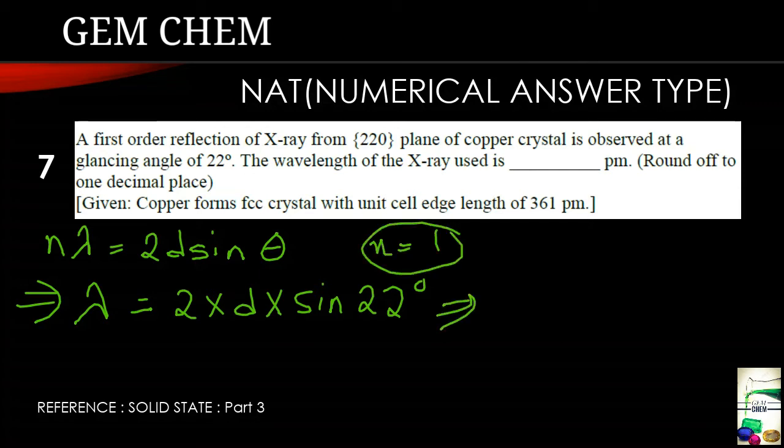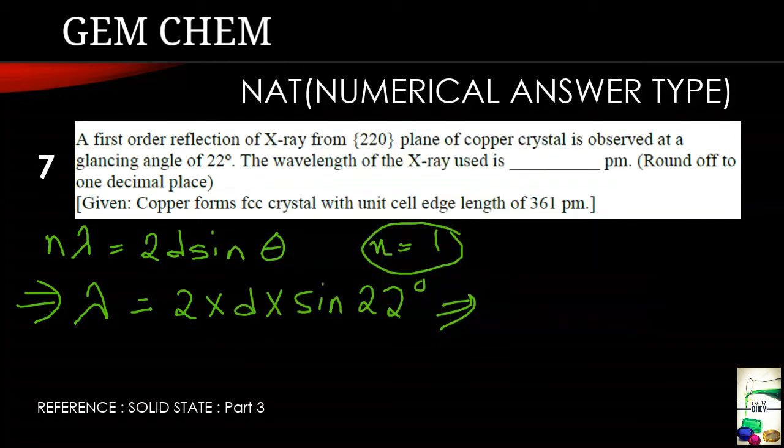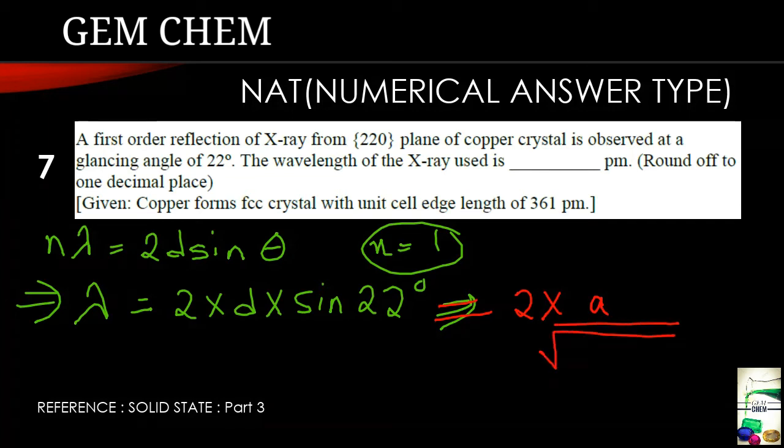So now what is the formula for d? We have just now done a sum on it, so it comes to be as equals to 2 into a by root over h square plus k square plus l square into sine 22 degree.